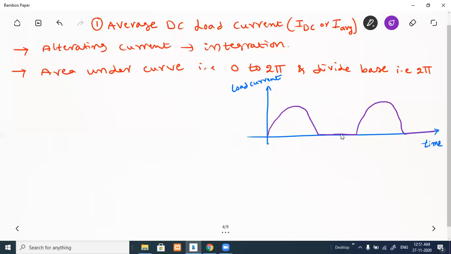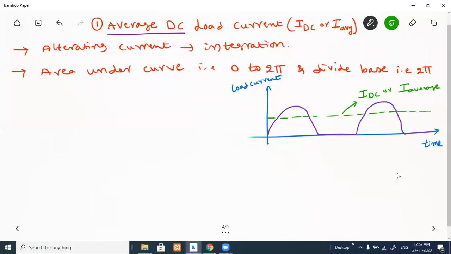Since the current changes with respect to time, we need to calculate the average value, the DC value. If you calculate the average value for this waveform, we get a level like this. This is IDC or I average.